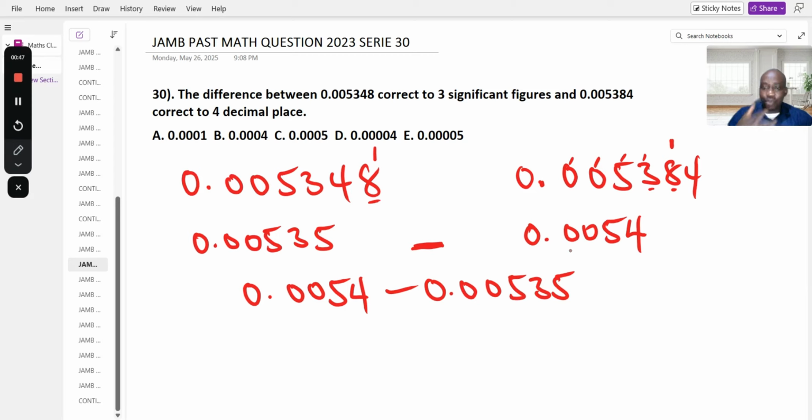The difference that will be there will be 5, because if you remove 535 from 540, it's going to give you 5.